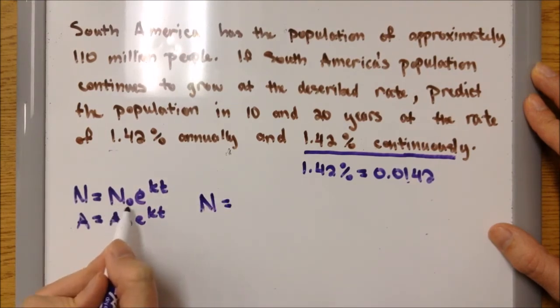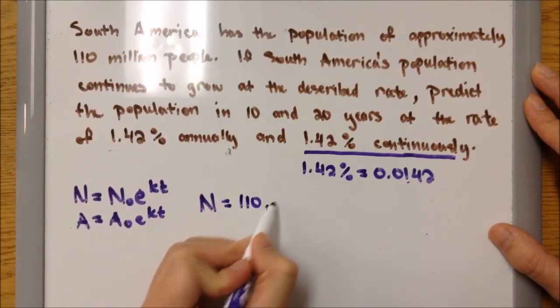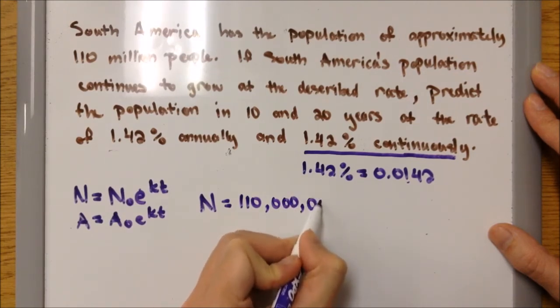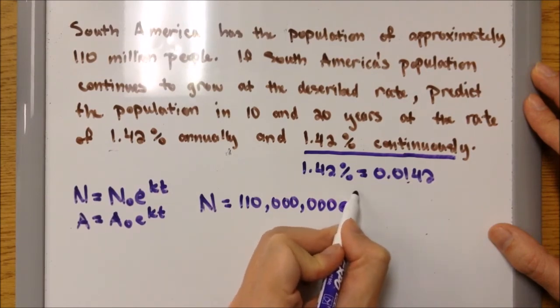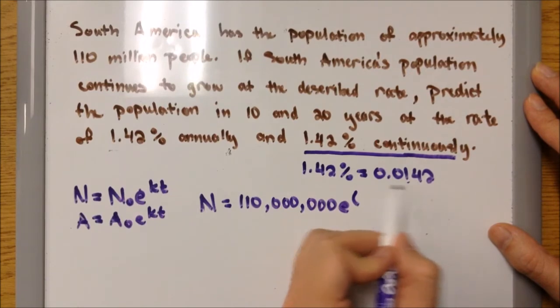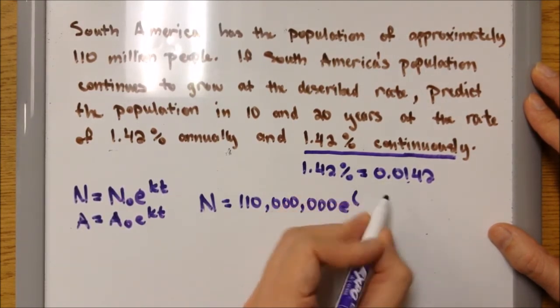So our N sub 0 is the amount that was given, so 110 million times the e function to the power of, now again, we're using this decimal value when given a rate, can't use percent, we're going to use decimal.